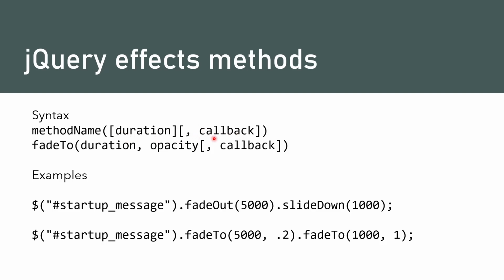And also optionally, after the duration, you can use a comma and then put a callback function, a function that you would want to execute when the effect is done happening.